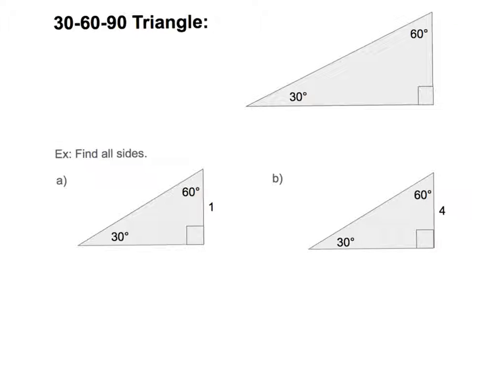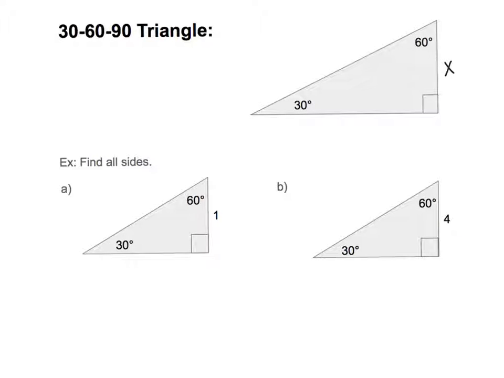Your teacher might have said the short side is always opposite the 30 degrees. The short side is some value, and let's call that x. The hypotenuse is always double the amount of the short side in a 30-60-90 triangle.